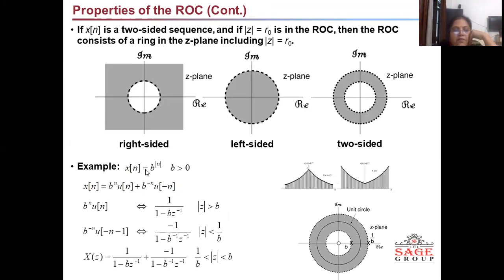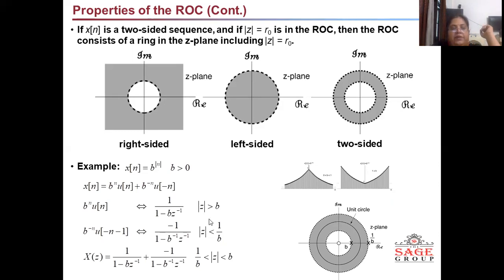For example, we have seen that x[n] equals b to the power of mod of n, where b is greater than 0. Since we have taken the mod of n, we consider both sides of the signal: b^n u[n] plus b^(-n) u[-n].